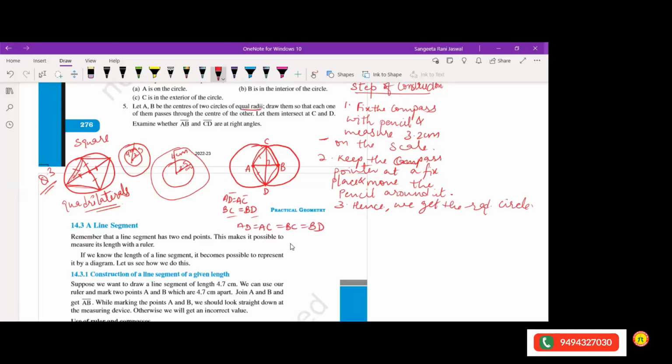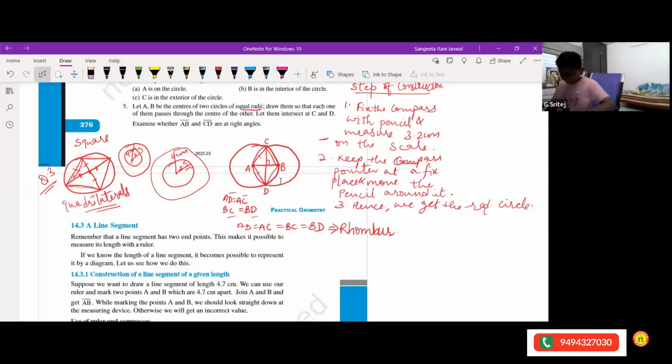That means this figure is a rhombus. Are you understanding? This figure is a rhombus because of the properties it shows. I hope you have understood this.